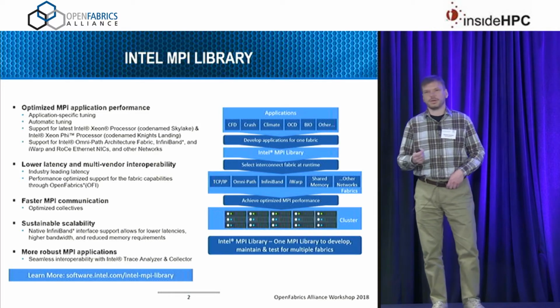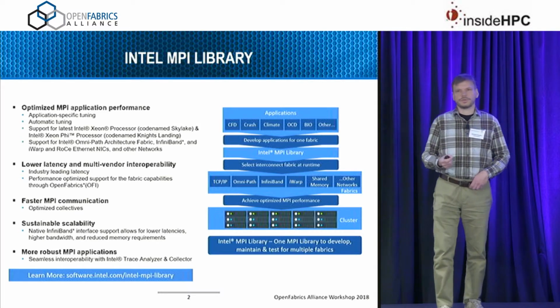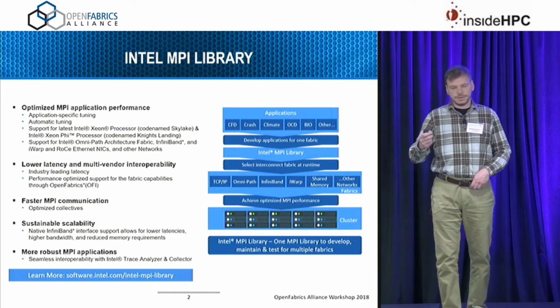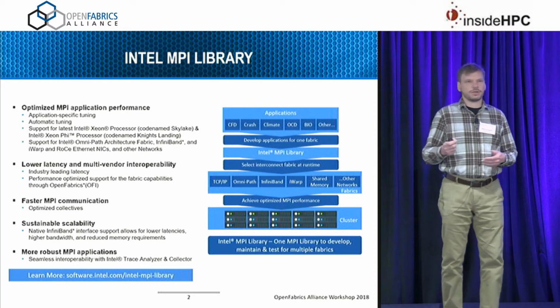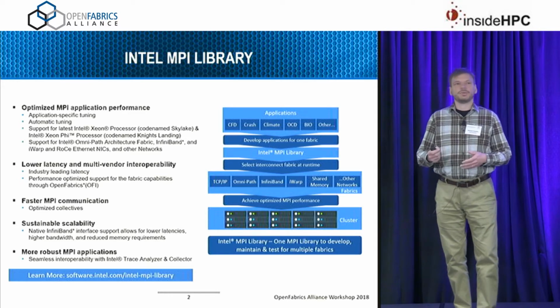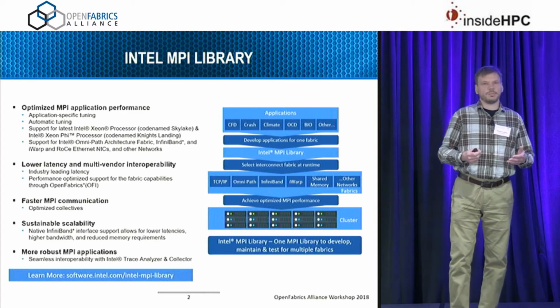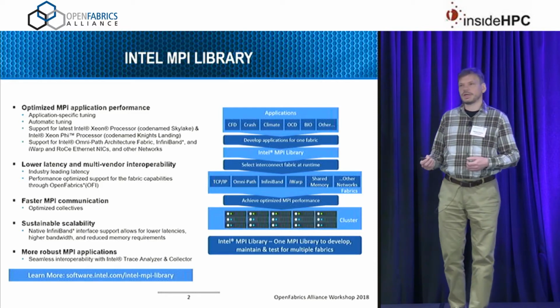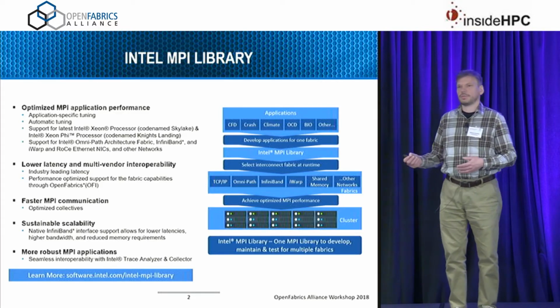He mentioned the difficulty of supporting different implementations of the TCP stack, and Intel MPI was driven mainly by a need to support multiple fabrics, and we supported them for a long time.